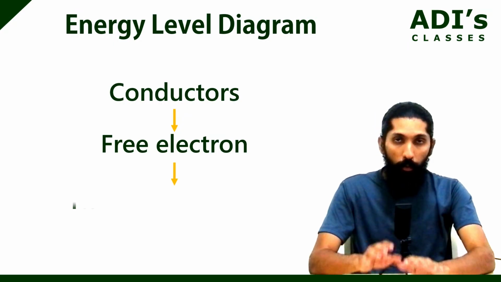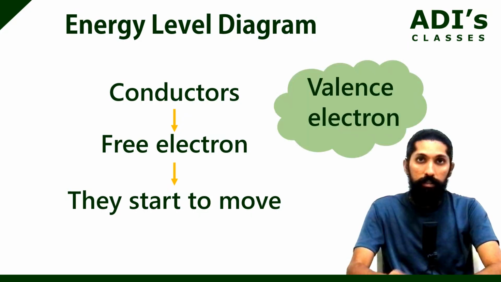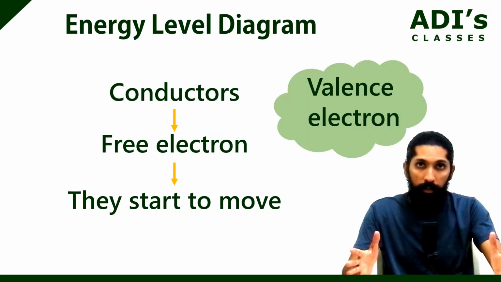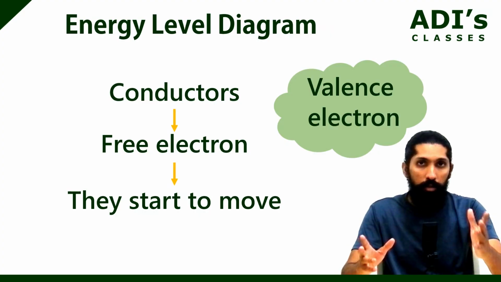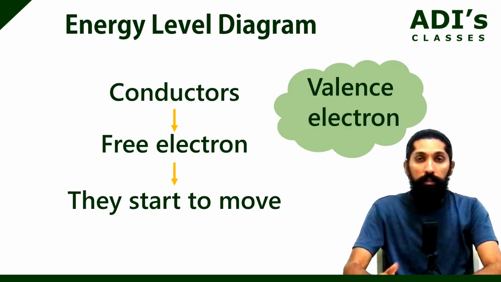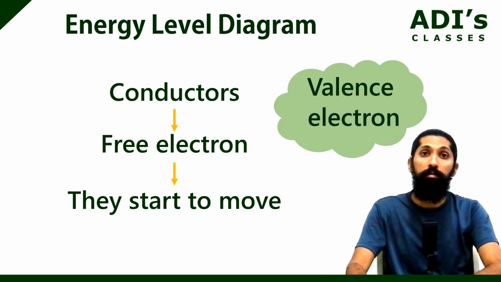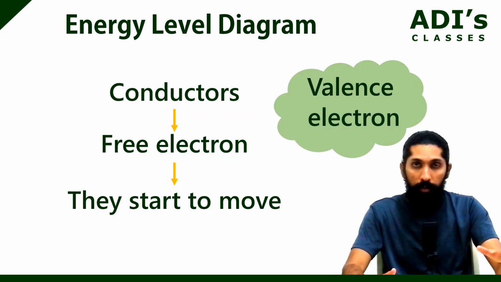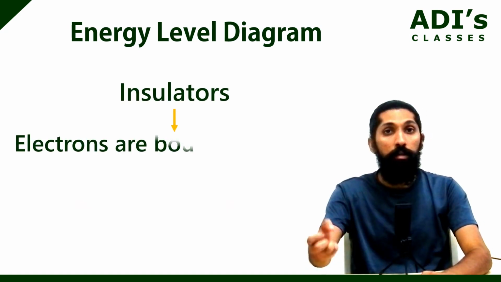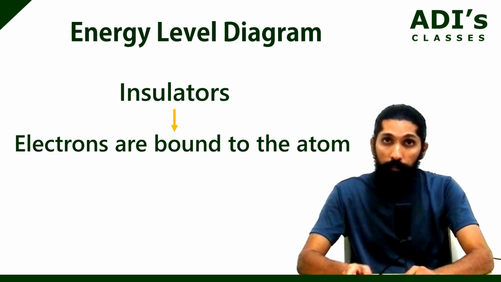Now, what happens in a conductor? There are valence electrons that can easily move in that particular crystal or structure. In insulators, the energy between the nucleus and the electron is a lot compared to that of conductors. So in insulators, the electrons are bound to the atom, which means there is no movement.